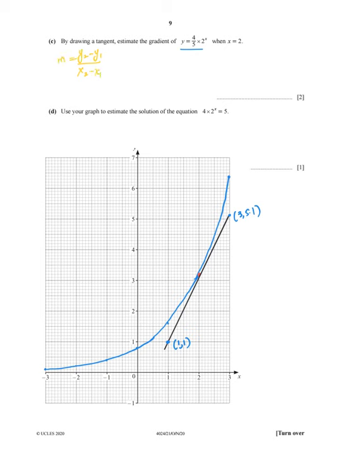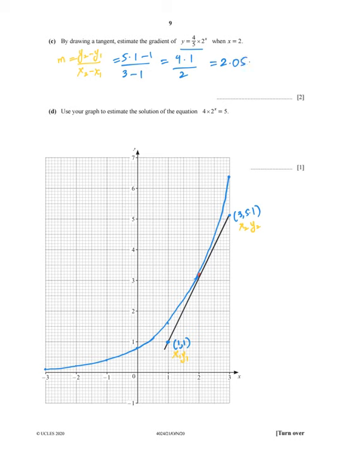Let's suppose this point is x1 y1 and this one is x2 y2. So 5.1 minus 1 divided by 3 minus 1. 5.1 minus 1 is 4.1, divided by 3 minus 1, which is 2. So the gradient I got is 2.05. That is your answer.